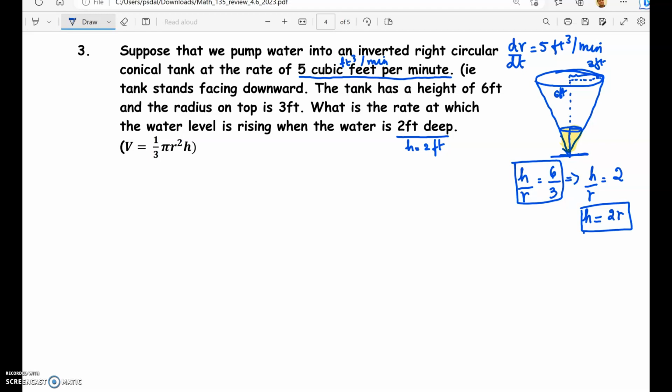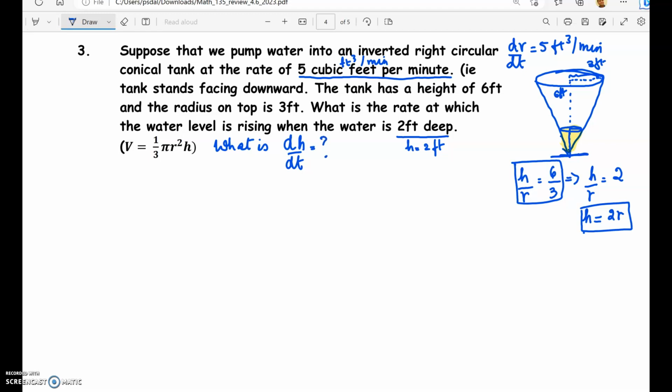What is the rate at which the water level is rising? What they're really asking us is, what is the rate at which the water level is rising, which is dh over dt. So dh by dt is the rate of change of height, which is the water level, with respect to time, at the instant.